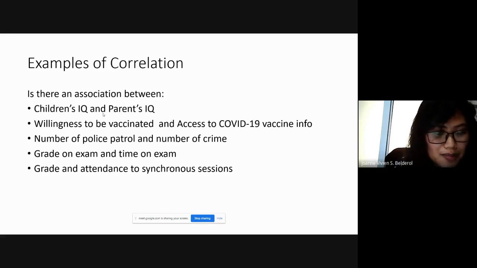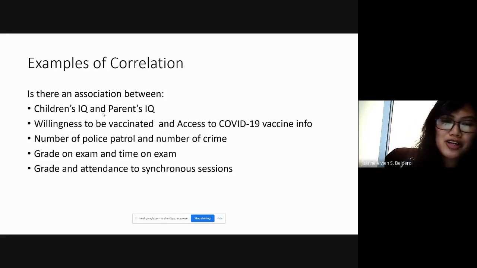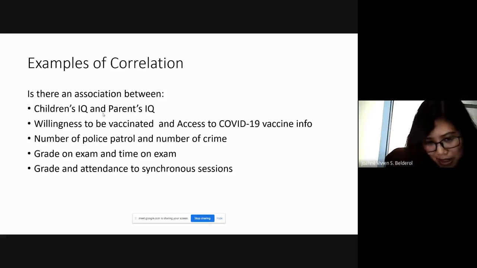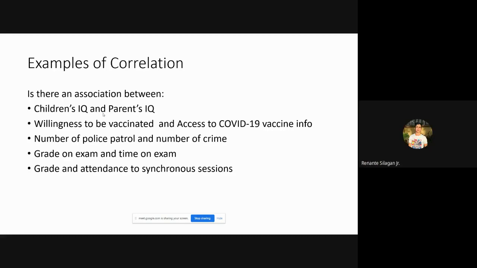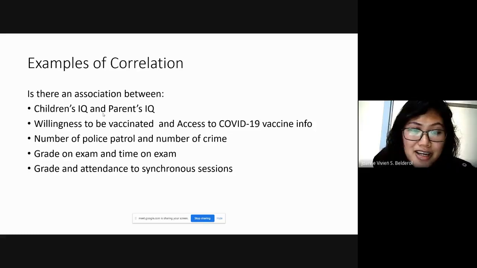The more baka mag-appeal og synchronous sessions, the more mudako imong grade, or the more ka mag-appeal og synchronous sessions, mas mugamay imong grade? What do you think? Directional. Indirect. So, the more ka mag-appeal og synchronous sessions, the more ka mag-appeal og Google Meet, mas magamay imong grade. Tama?